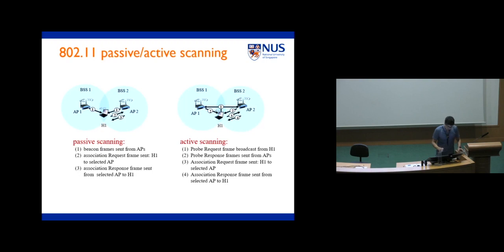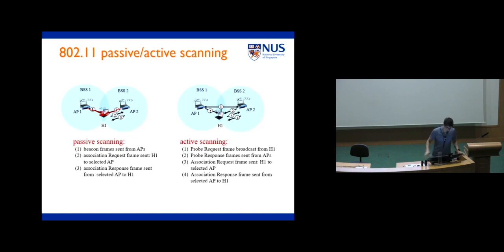So in the passive scanning mode, the access point first sends the beacon frames to the wireless hosts, and let's say both of them are sending in this case, because our device is in the coverage area for both basic service sets.